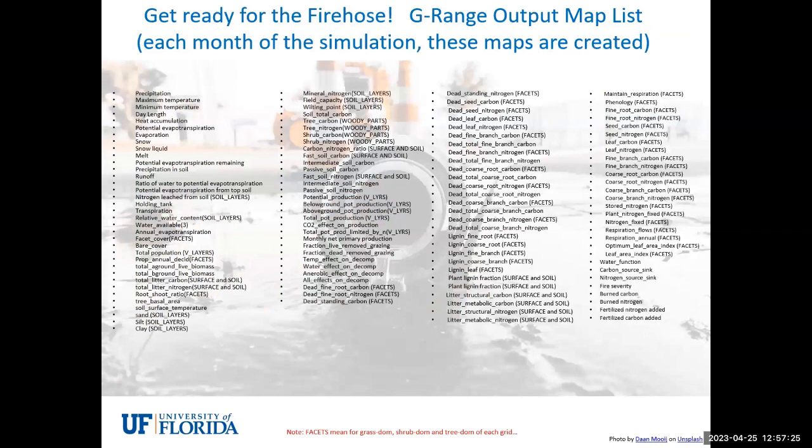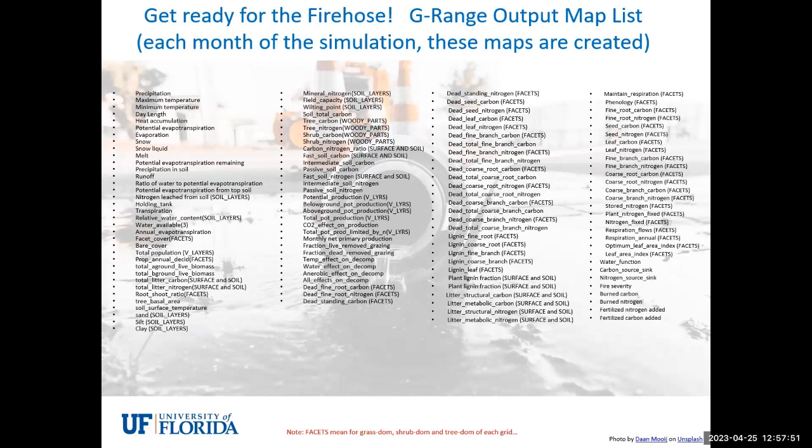This is a list of all the things you can get. And this isn't even the full list, because you can just pause my voice and start looking through the different outputs. Every single one of these comes out as a map every month. So you can go from everything from your melt, if you have snow, all the way to burned carbon or burned nitrogen. I'm just looking at the beginning and the end of the list.